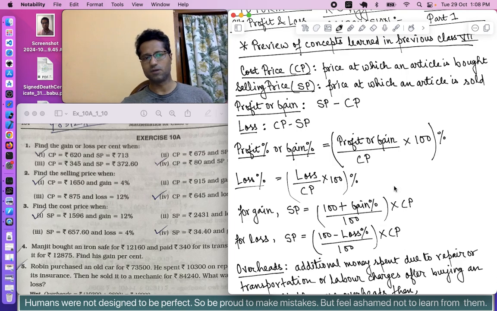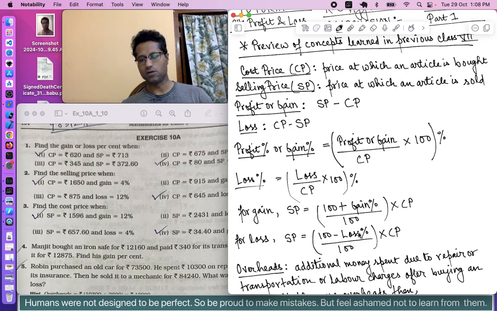This is a concept of percentage. Gain percent more than CP, when expressed, is equal to (100 plus gain percent) divided by 100 multiplied by CP.